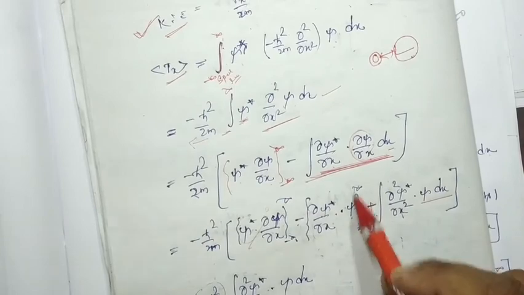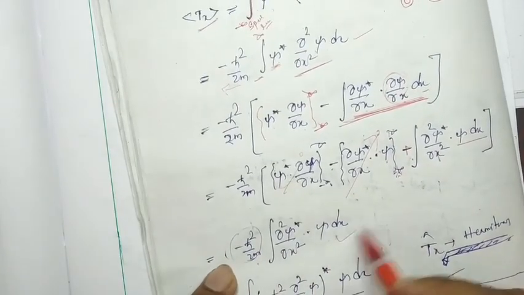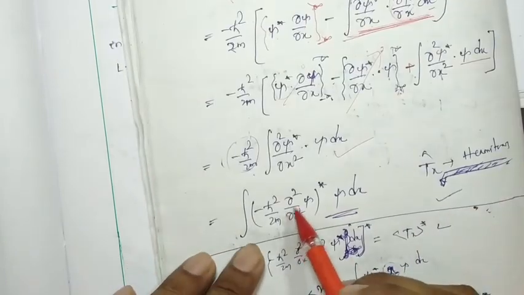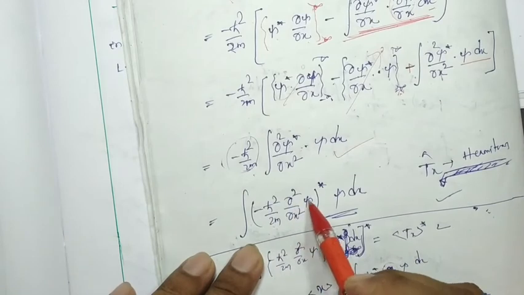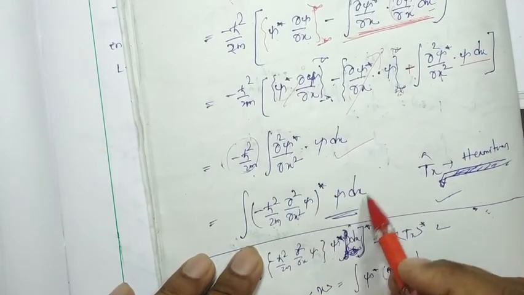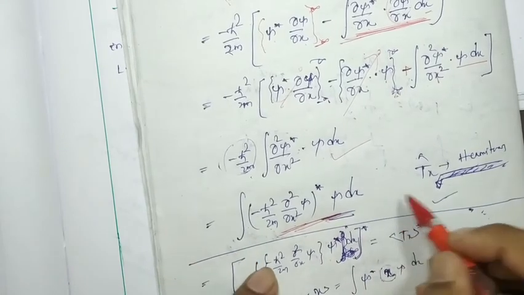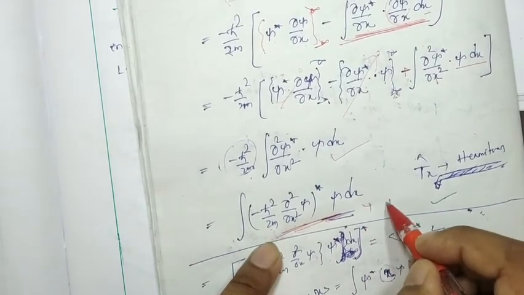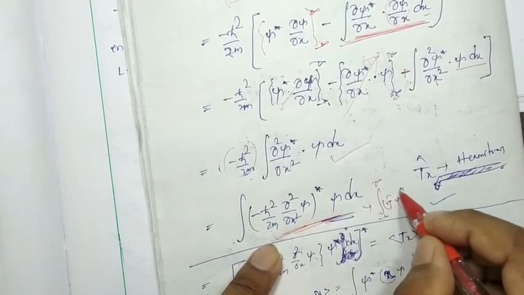If I put minus infinity to infinity, this term is also 0, so I find minus h cross square by 2m times this, and this can also be written as minus h cross square by 2m del square psi by del x square, like this. So this is in the form of T cap, the integral from minus infinity to infinity of psi star T psi dx.